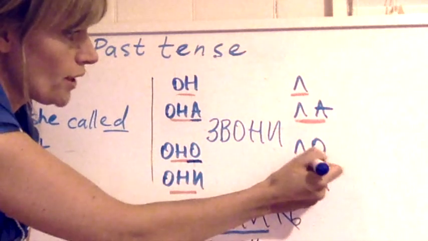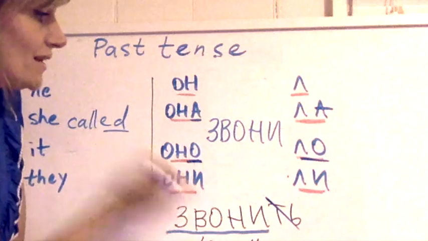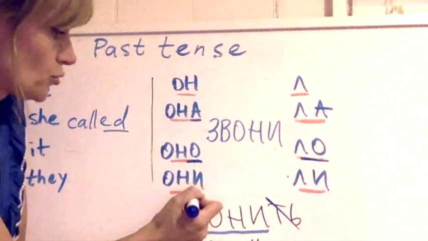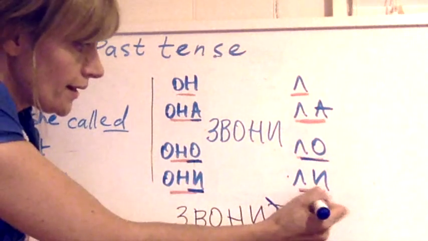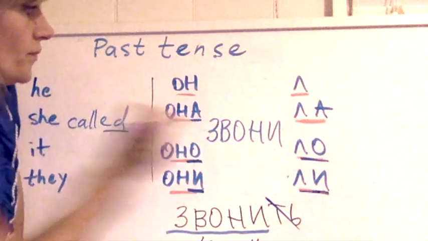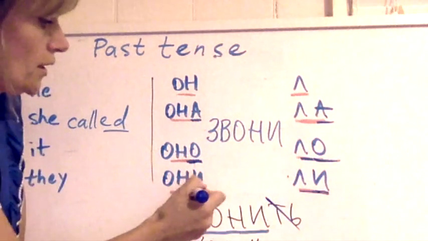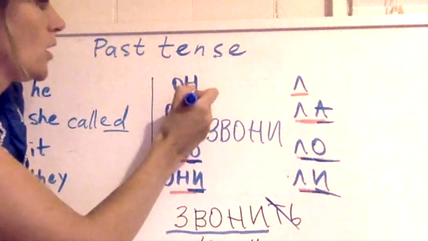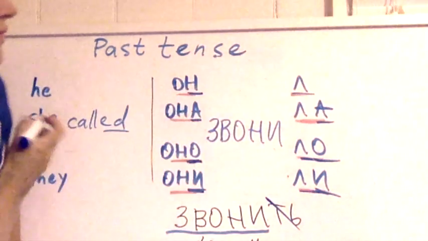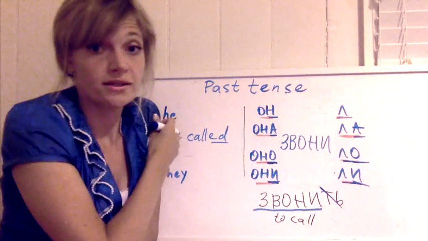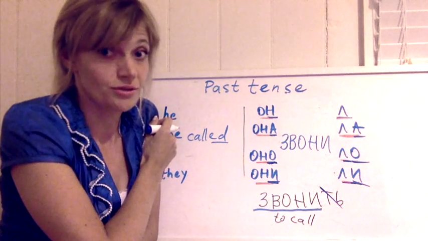This one, lo, ending on o as well. Они, they, or can be plural. И, ли. A, o, I, consonant, consonant. So it has a logic to it.